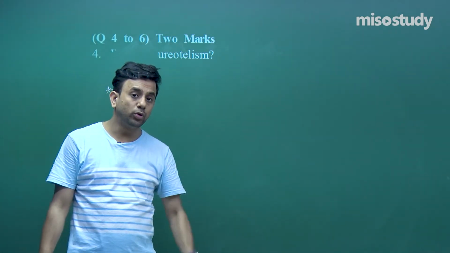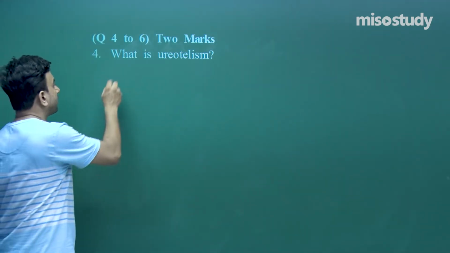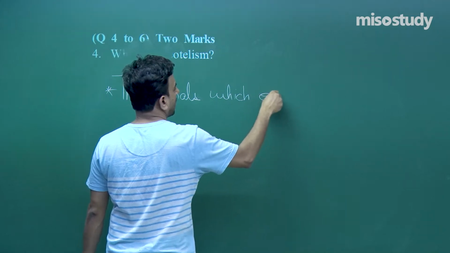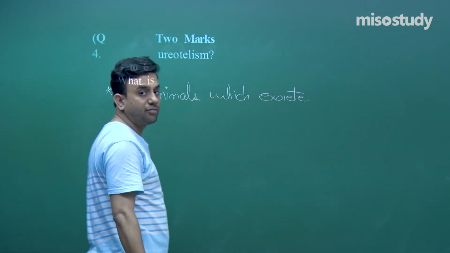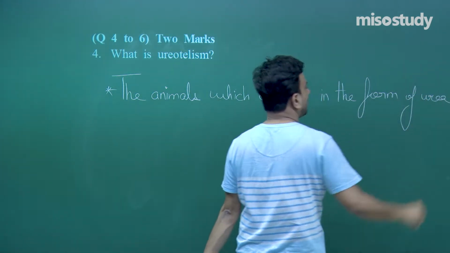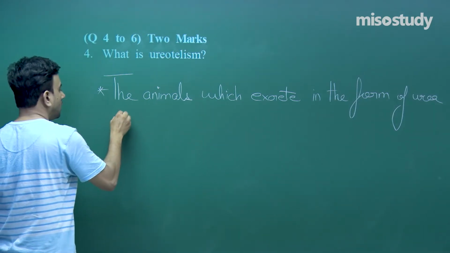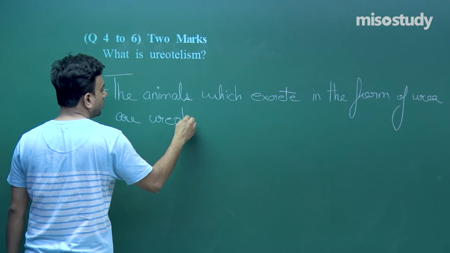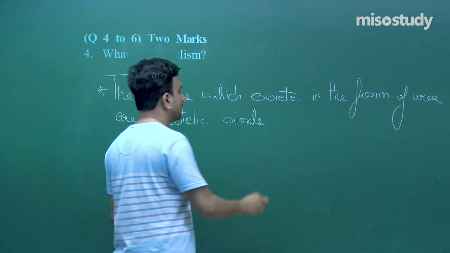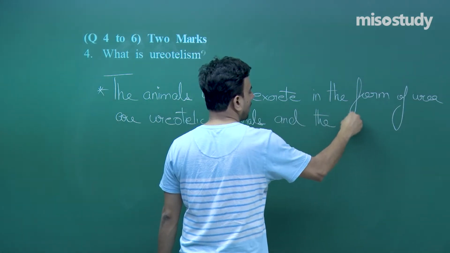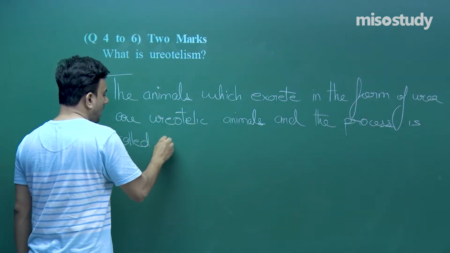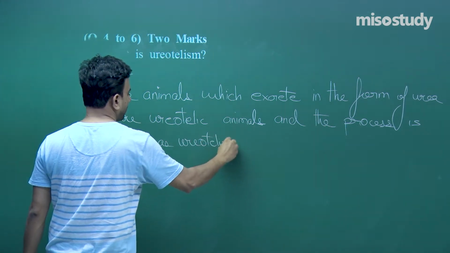The animals which excrete in the form of urea are the ureotelic animals, and this process is called ureotelism.